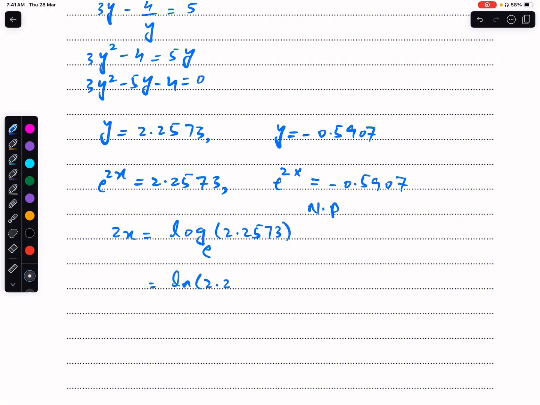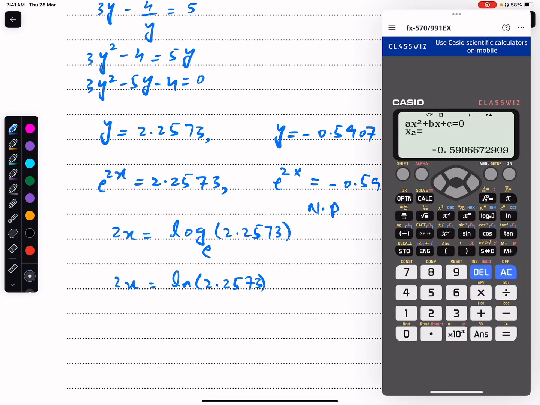So 2x is equals to natural log of 2.2573, so x is natural log of 2.2573 divided by 2. So this is your final answer. X is equals to 0.407.